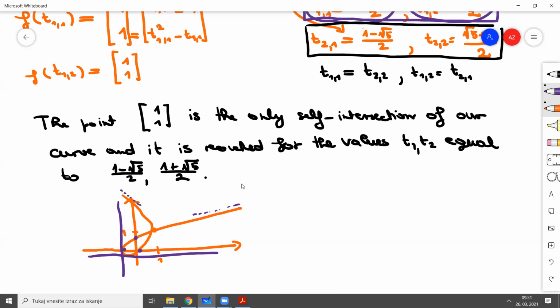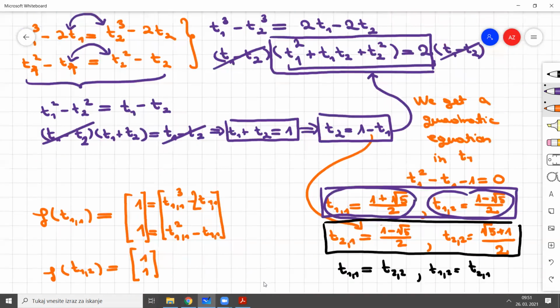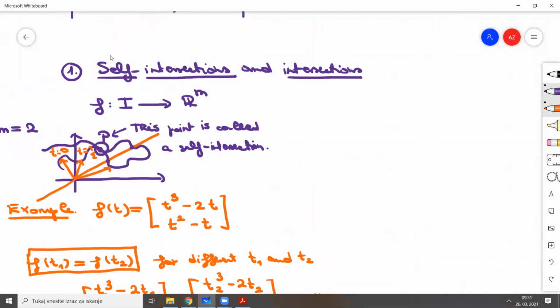Okay, this was the first thing when we study intersections. And then the second is the intersection of 2 curves. So if you recall, I wrote here self-intersections, and the other thing are intersections. So now we have 2 curves, let's say F1 and F2, and we would like to determine when those curves intersect.